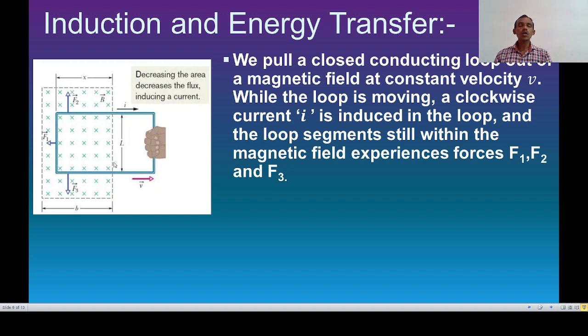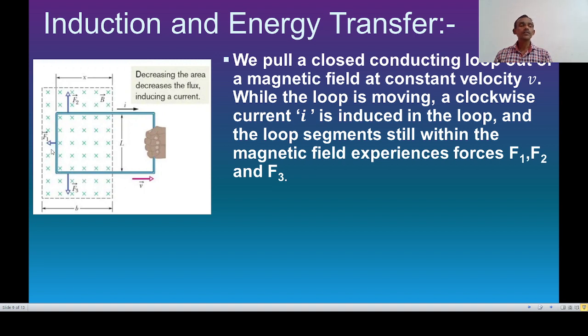in a clockwise sense, and the loop segments still within the magnetic field experience forces F1, F2, F3. This vertical segment experiences a force F1 because it is in motion in a magnetic field B with velocity v.